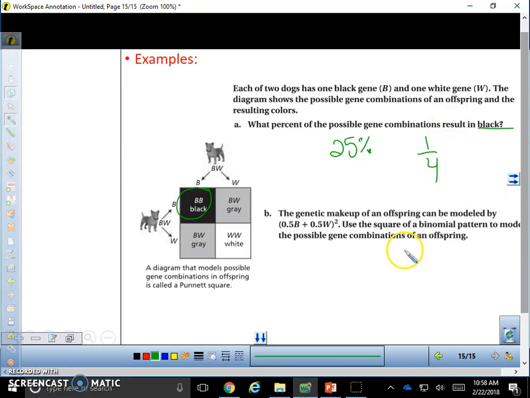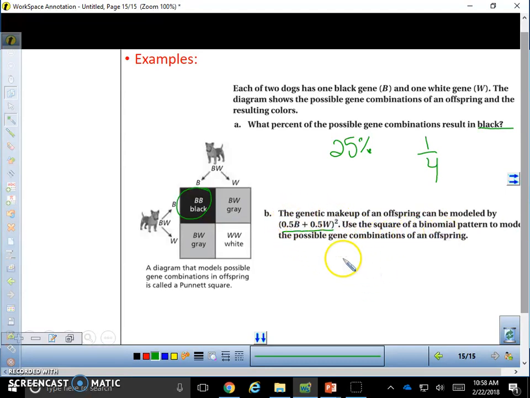25% chance. All right, the gene makeup of an offspring can be modeled by binomial plus squared. So product of binomials, this is a special one, okay, because it has that square sign. Use the square of a binomial pattern to model all possible gene combinations of the offspring.